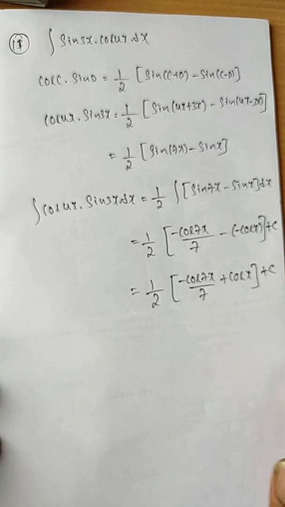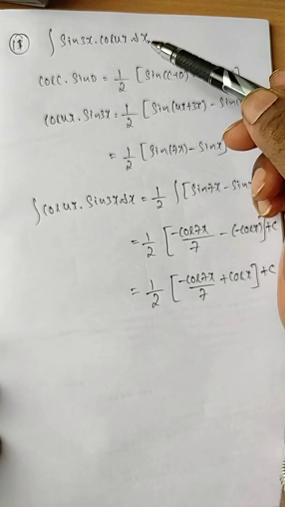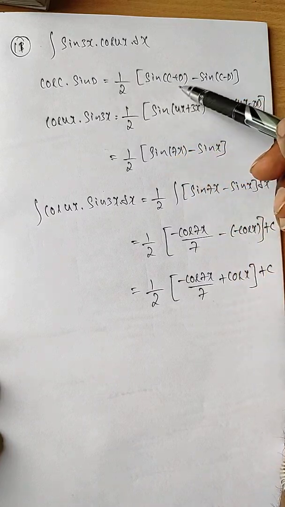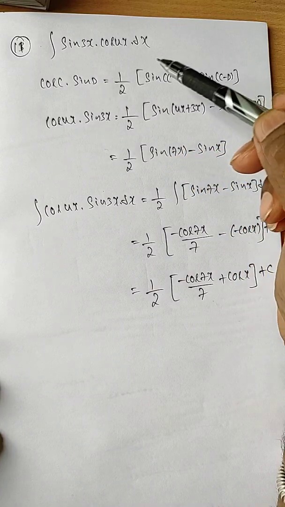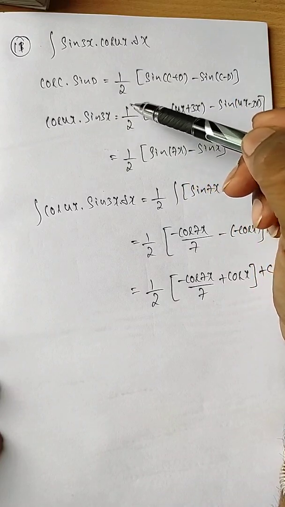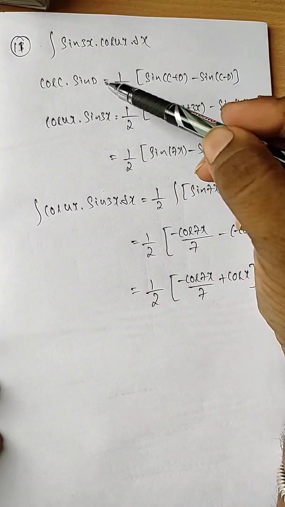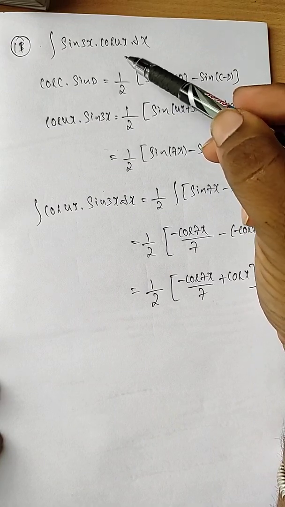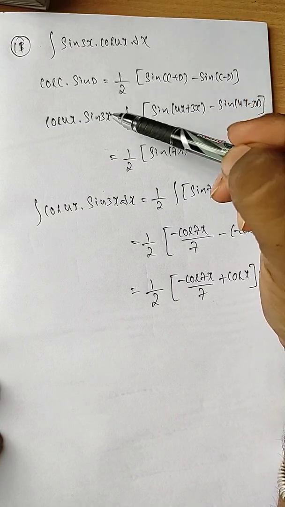Once again I am repeating, just listen here. We are using the formula cos c into sin d is equal to 1 by 2 [sin(c plus d) minus sin(c minus d)]. On comparing, c is 4x, d is 3x. The very first point is that when the trigonometric function has a product or power, you want to make use of a trigonometric identity.